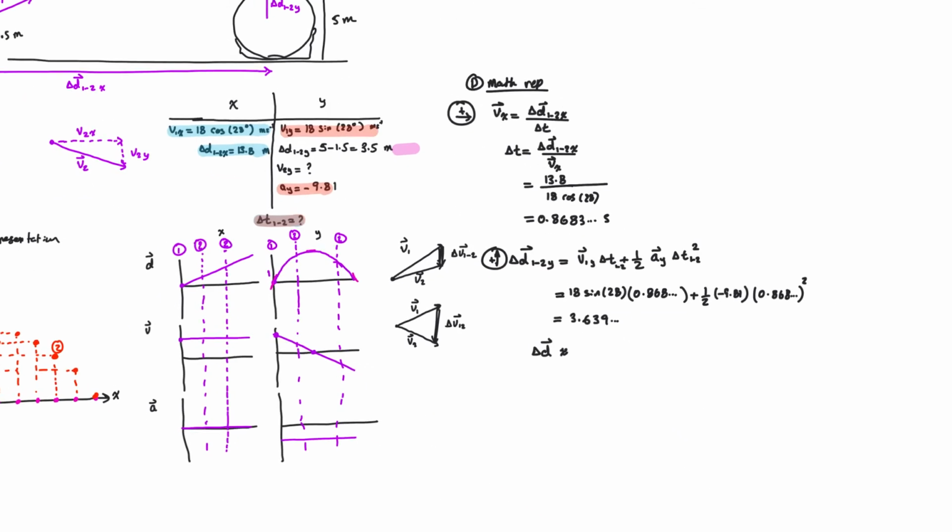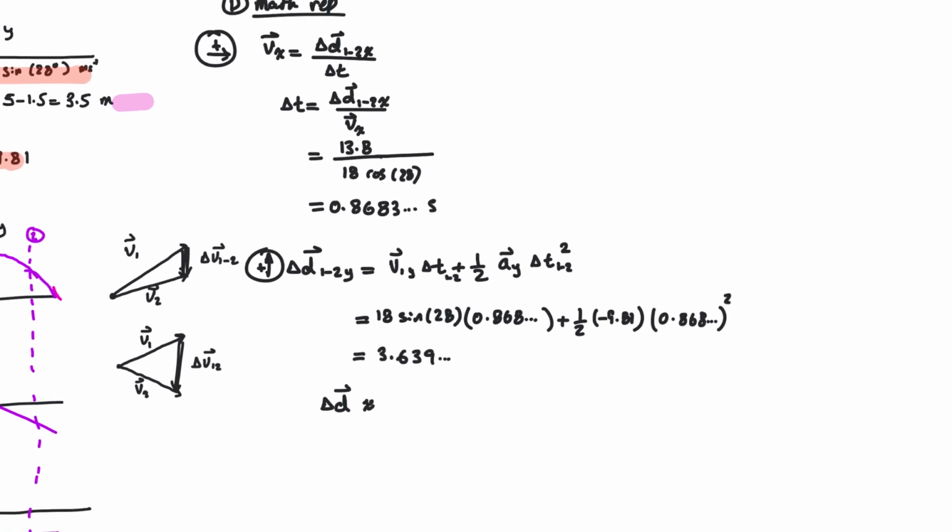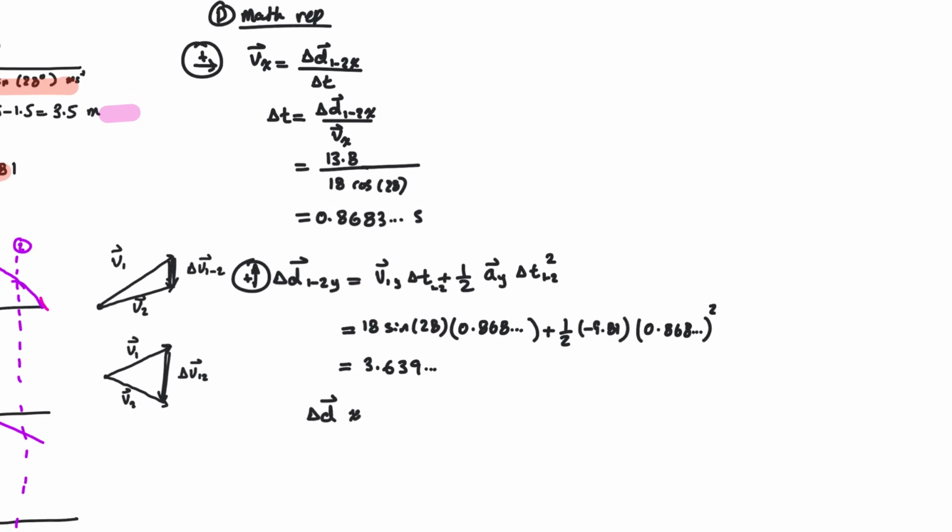My final answer then, because I've been multiplying and dividing all over the place, is going to be 2 significant figures, the lowest out of the rest, meaning that my displacement, or my distance, was 3.6, but I want to also give you the direction, which is in the upward direction, because I got a positive value.